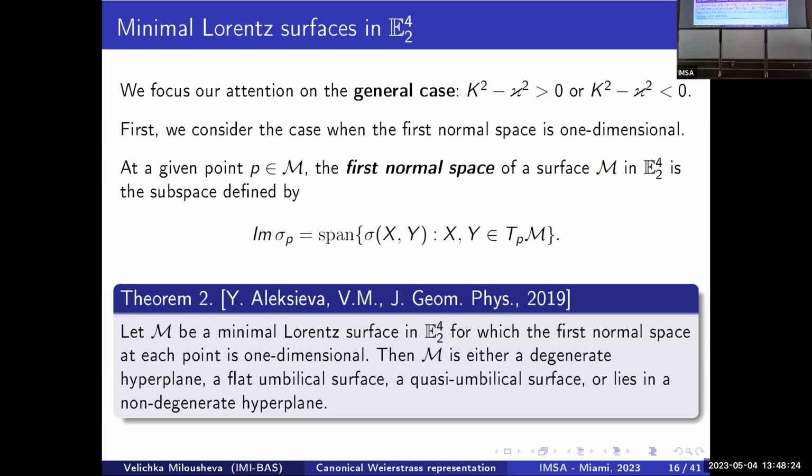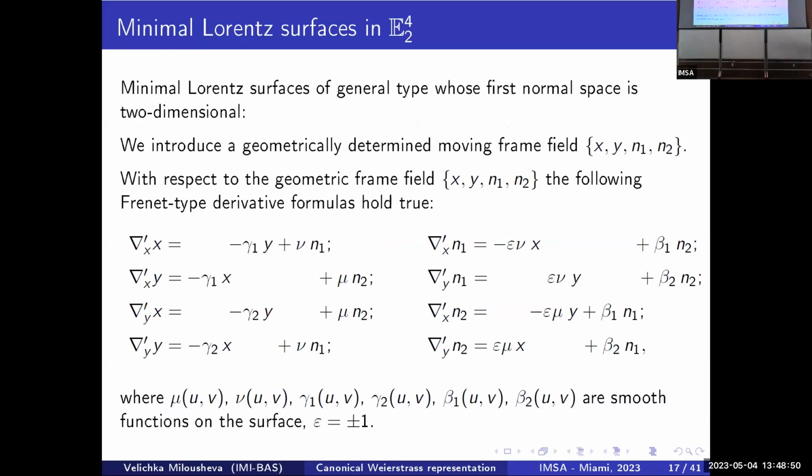So we have this theorem, which describes the minimal Lorentz surfaces whose first normal space is one-dimensional, and the theorem states that such a surface is either a degenerate hyperplane, a flat umbilical surface, or a quasi-umbilical surface, all lying in a non-degenerate hyperplane. So the main case we have to consider is the case of minimal Lorentz surfaces of general type whose first normal space is two-dimensional.